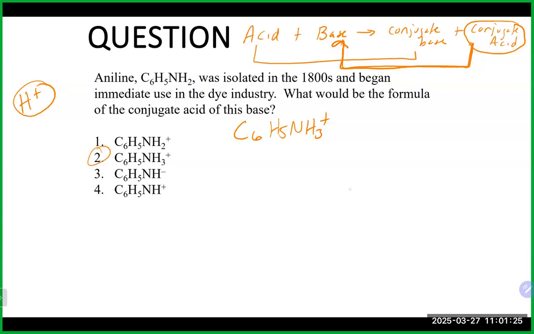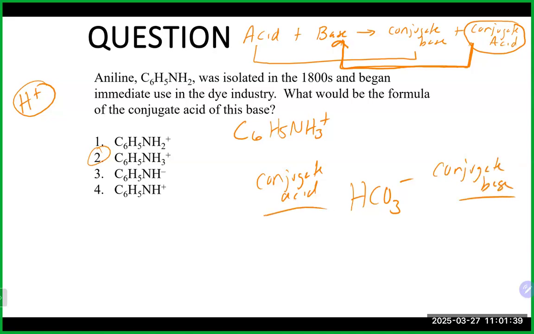So if we have something like HCO3 minus, and I want the conjugate acid, and I also want the conjugate base for this guy, what would it be? Take a moment there, starting with HCO3 minus in each case. All right, so let's take a look. Once again, it's put the H plus on or take it off here.